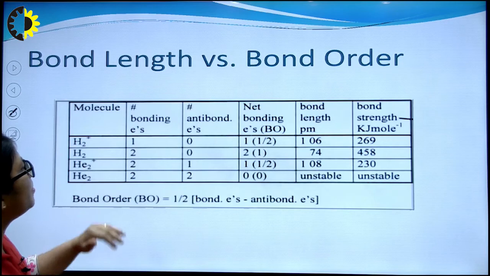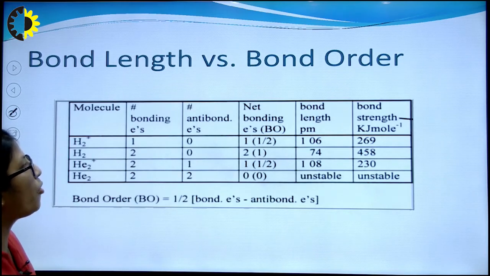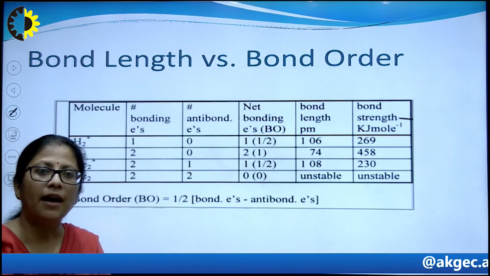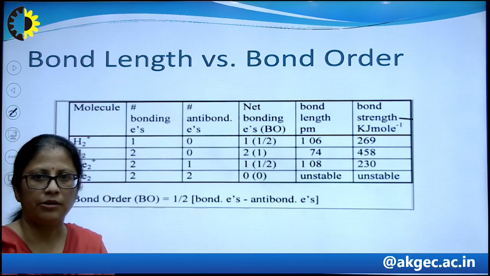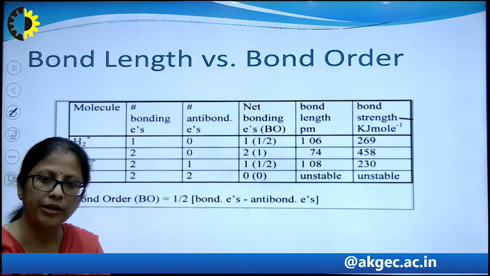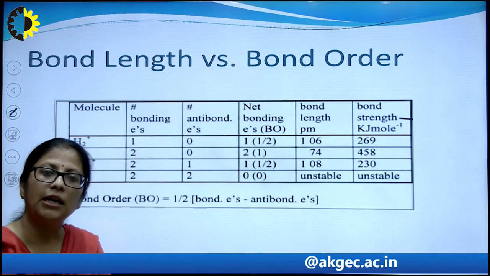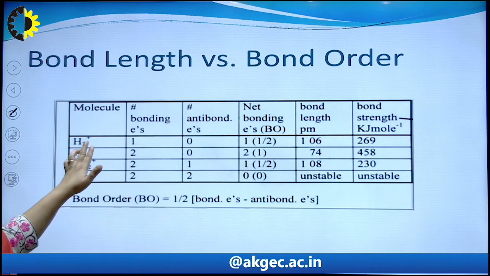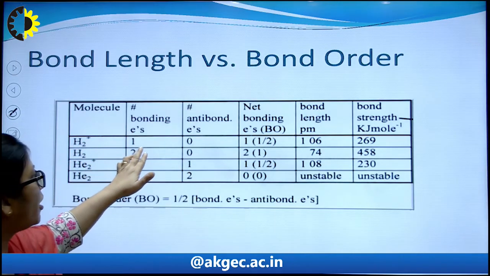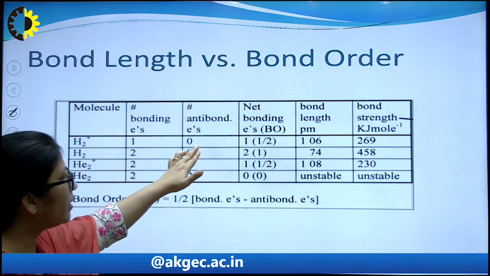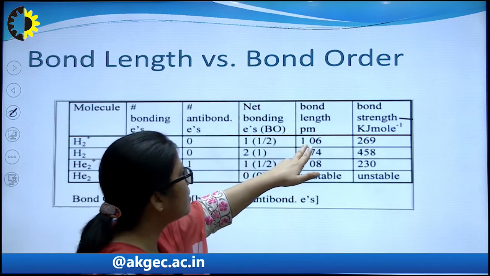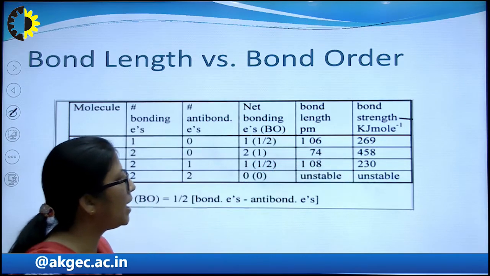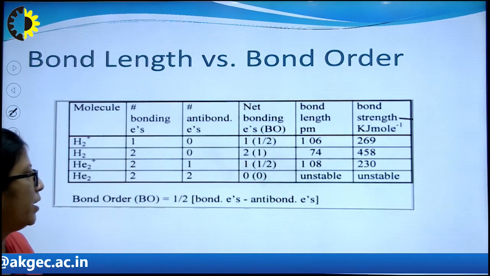Now, this is the table showing the bond length versus bond order. Bond order and bond length are inversely proportional to each other. So, the higher the bond order, the lower the bond length. Now, here H2 plus has 1 electron in the bonding, 0 electrons in the anti-bonding, and the bond length is 1.06 and the bond strength is 269 kilojoules per mole.